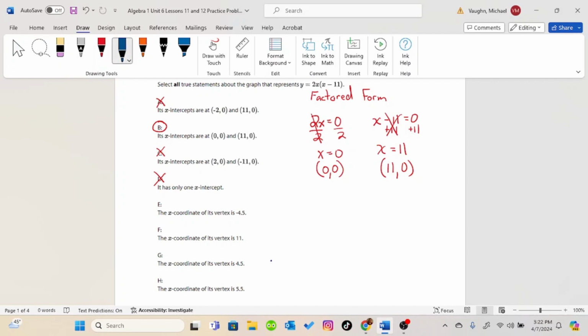Next, we're trying to find the x-coordinate of the vertex. The x-coordinate of the vertex is halfway between the two intercepts. So we're going to add the x-intercepts together and divide by 2. 11 divided by 2 is 5.5.